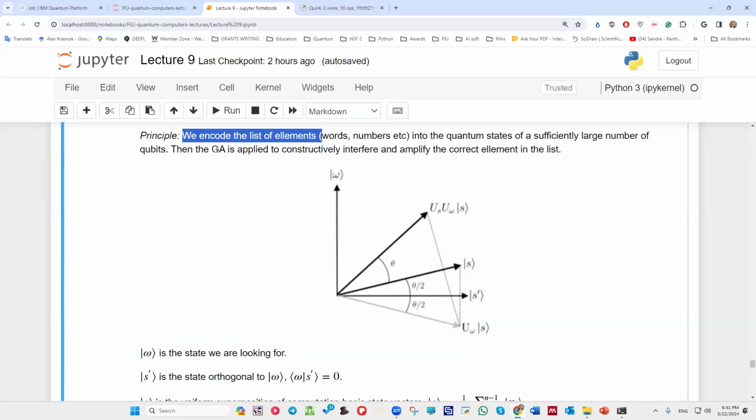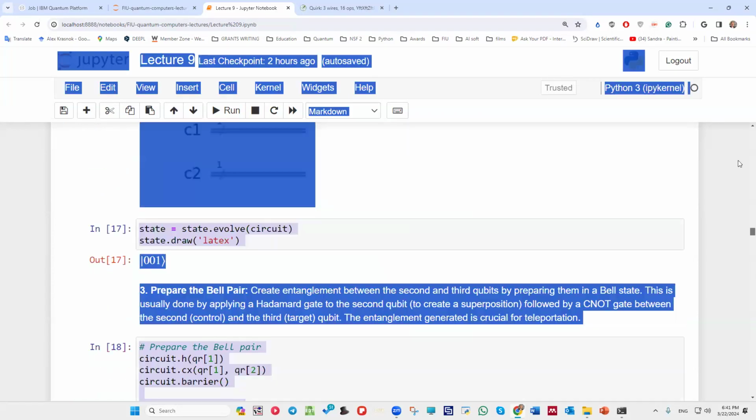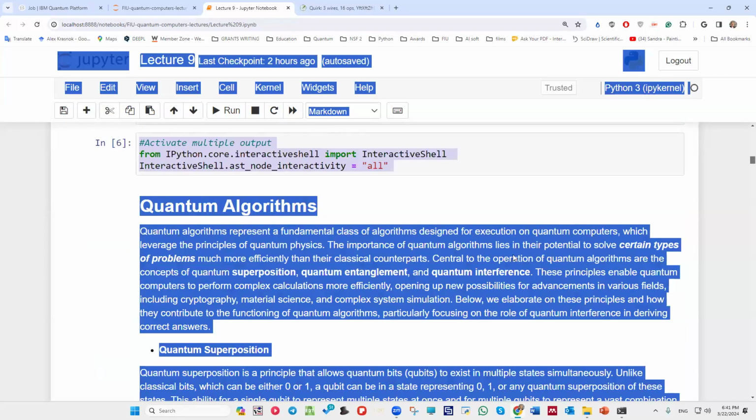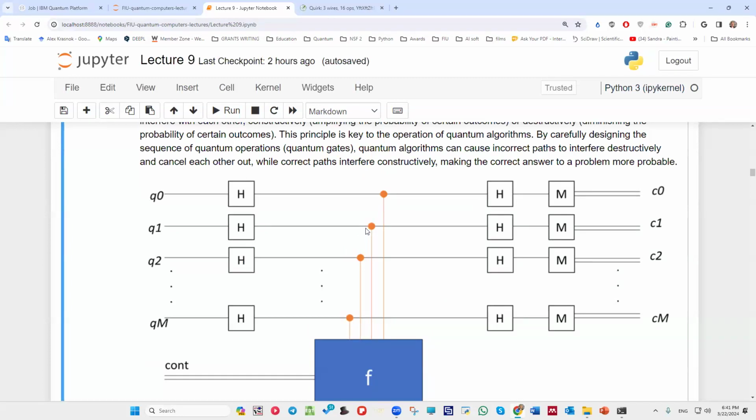and then Grover's algorithm is applied to constructively interfere. This is what I meant up here. So we apply this Grover's algorithm to provide the constructive element for only one single output.